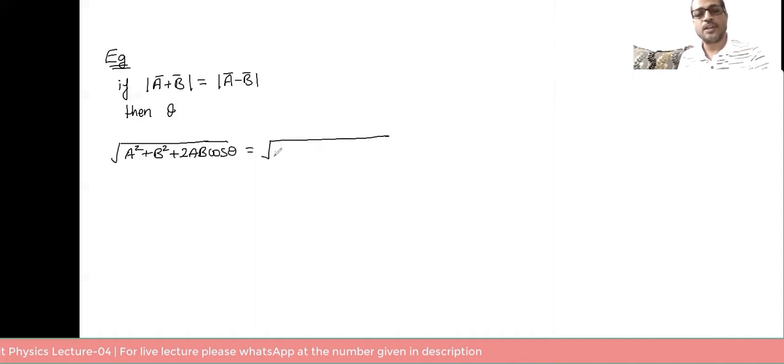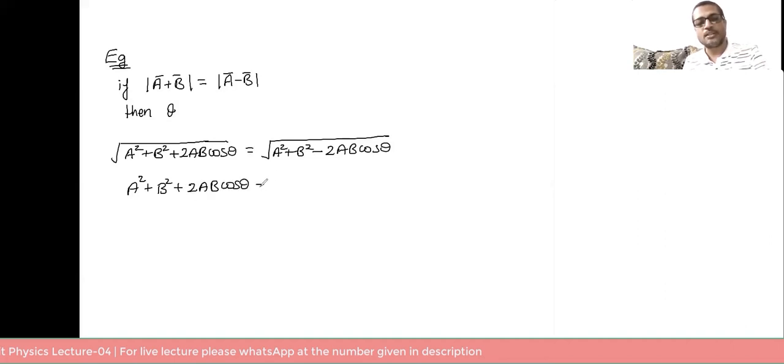Root of a square plus b square minus 2ab cos theta. So when you square both the sides, you will get a square plus b square plus 2ab cos theta is equal to a square plus b square minus 2ab cos theta.